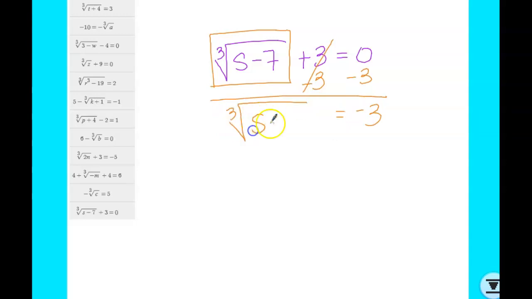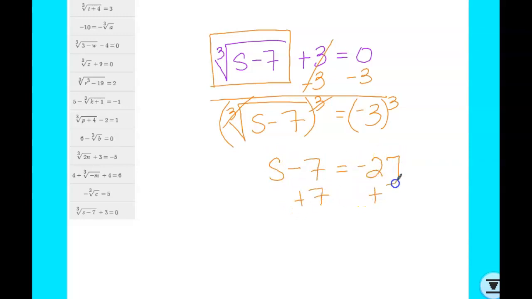The cube root of s minus 7 is equal to negative 3, so now we're going to cube both sides. These are inverse operations, so we have s minus 7 is equal to negative 27. We're going to add 7 to both sides to get the s isolated. We're going to solve for s, so s is equal to negative 20.